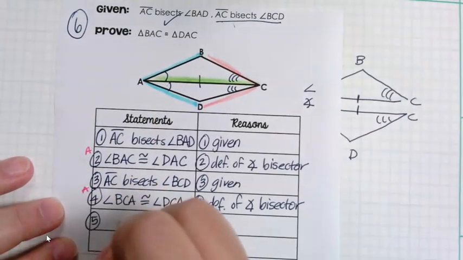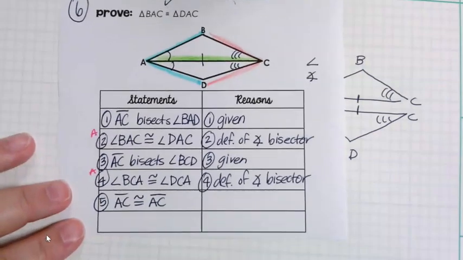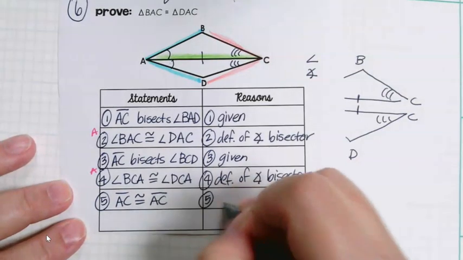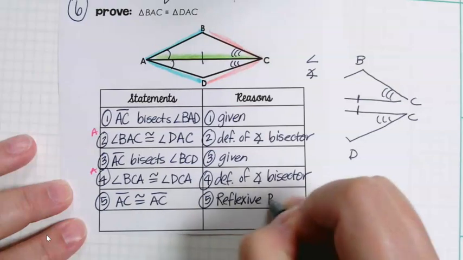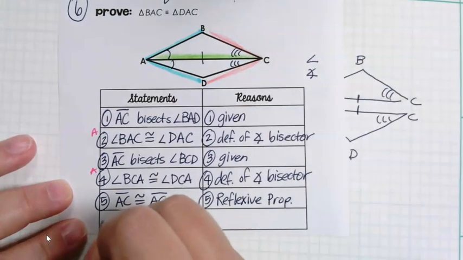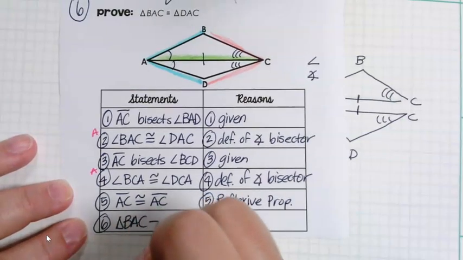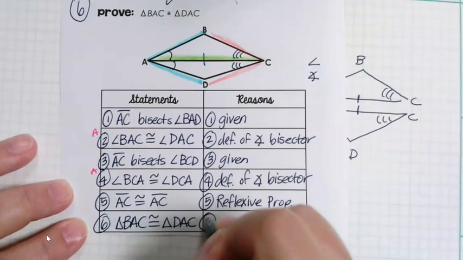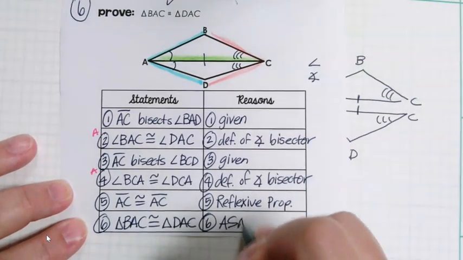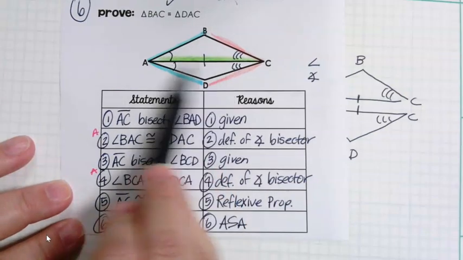Every time it's just the same side in both triangles, we're going to say it's congruent to itself. Side AC is congruent to itself by reflexive property. And that is what tells me these two triangles are congruent by what triangle congruence? ASA. You are correct. ASA. 2 angles and the side between them, 2 angles and the side between them.